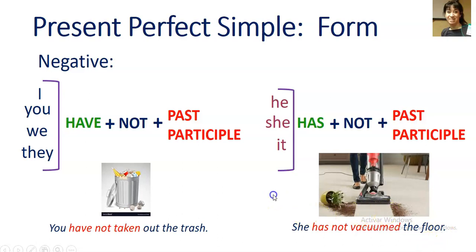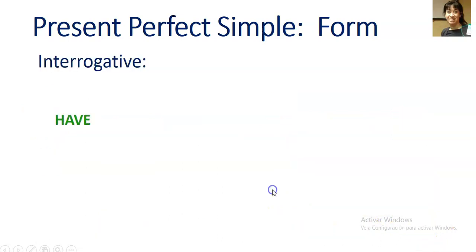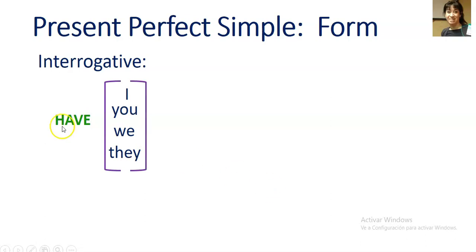Look at this mess. Finally, in the interrogative, have is going to come prior to the subject, I, you, we, or they, because have acts as an auxiliary in here, and then it's going to be followed by the past participle and the rest of the sentence, and we're going to include a question mark.